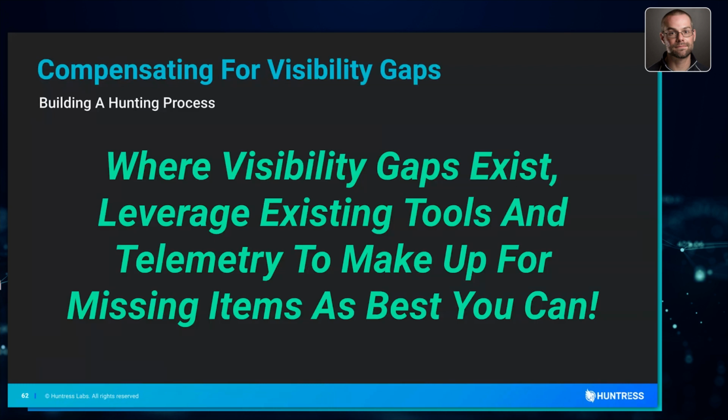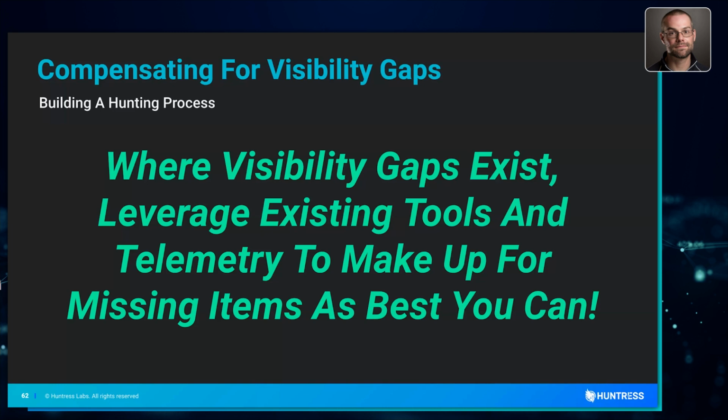Importantly, we need to understand that no organization on the face of this planet has complete visibility over their environment, whether because they lack sensors, traffic is encrypted, or adversaries themselves may wipe or eliminate certain sources of data. But importantly, we as defenders need to understand where those visibility gaps exist and then leverage existing tools and telemetry to try to address or compensate for those gaps to the greatest extent possible.